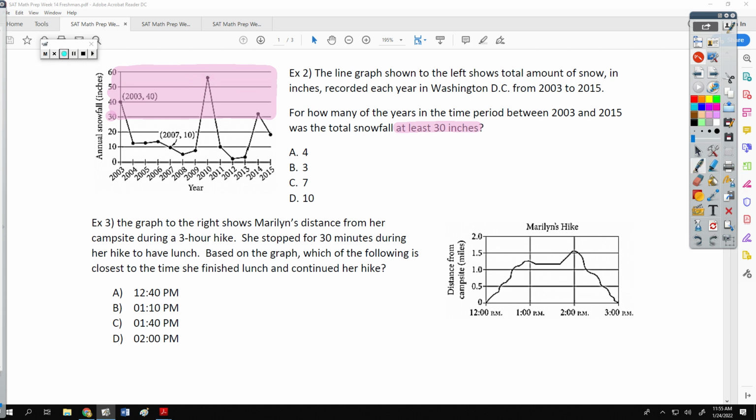So if we're looking at this graph and looking for where are we at least 30 inches, there are 3 years where that occurred. The year 2003, the year 2010, and the year 2014. So there are 3 years where there was at least 30 inches of snow.